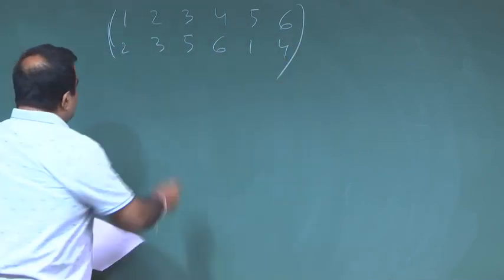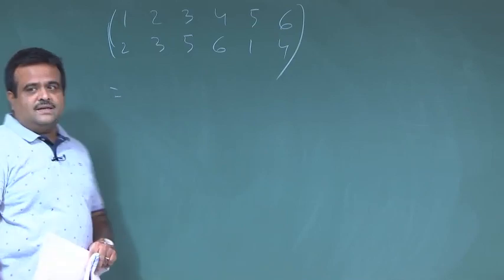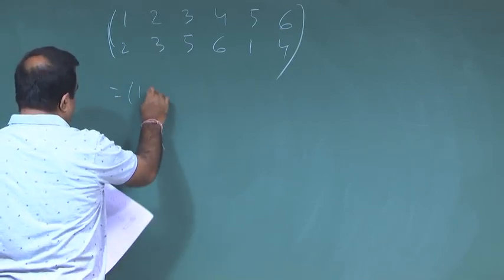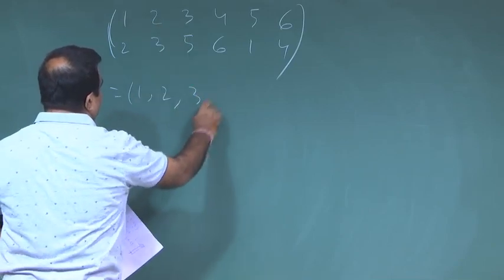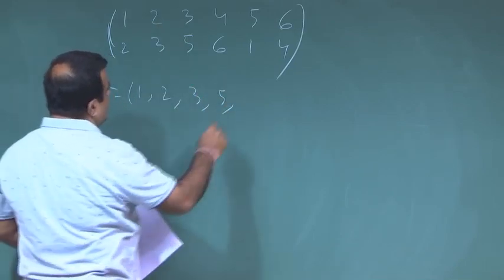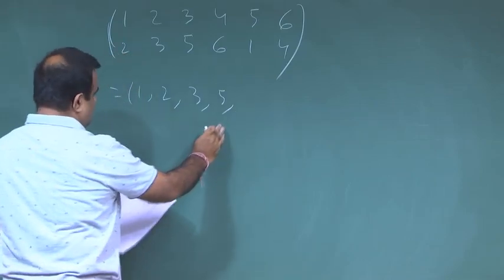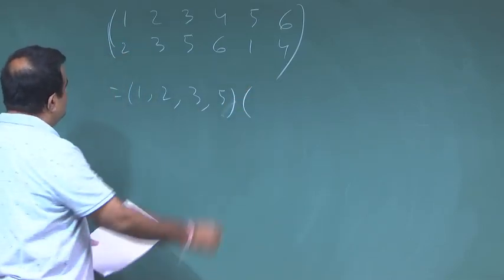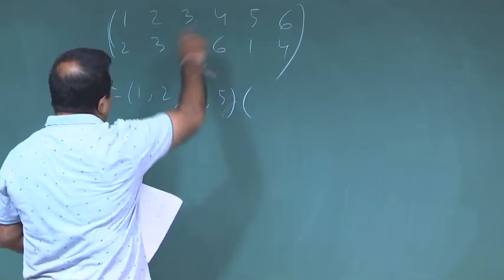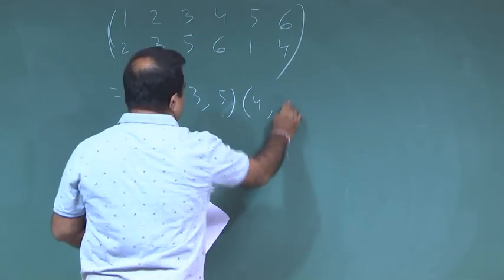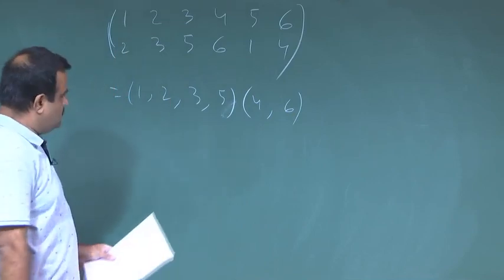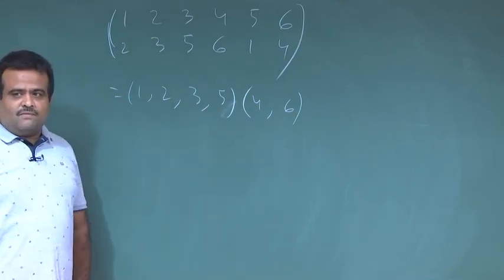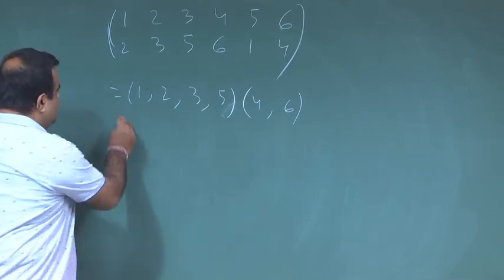First of all, how do we write this in terms of cycles? 1 is going to 2, 2 is going to 3, 3 is going to 5 and 5 is going to 1. So, one cycle is closing, and is anything missing? Yes, 4 is missing. So, 4 is going to 6 and 6 is going to 4.